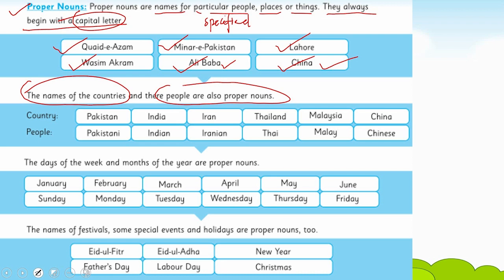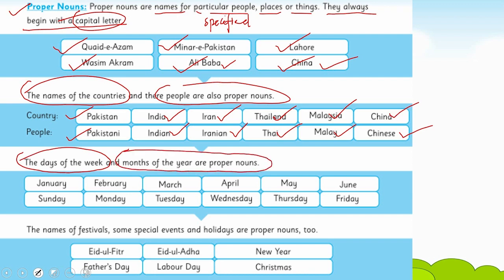For example, Pakistan and the people are called Pakistani. These are what? Proper nouns. India, Indian. Iran, Iranian. Thailand, Thai. Malaysia, Malay. China, Chinese.